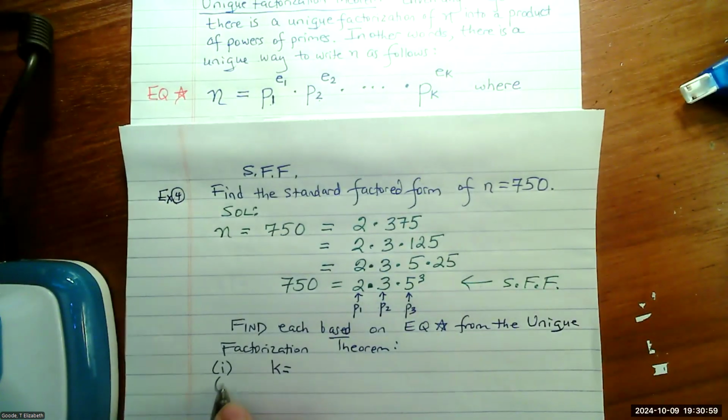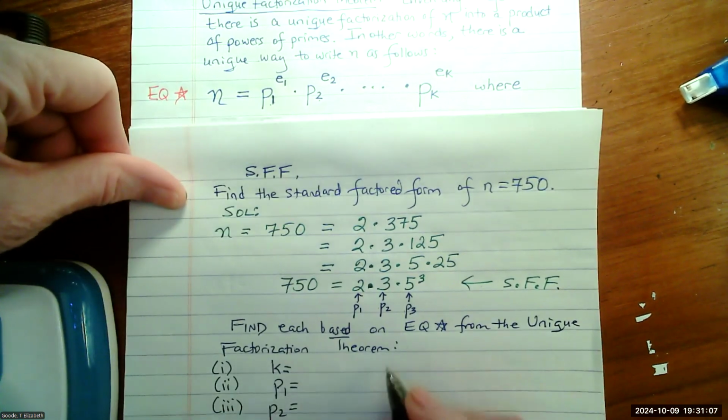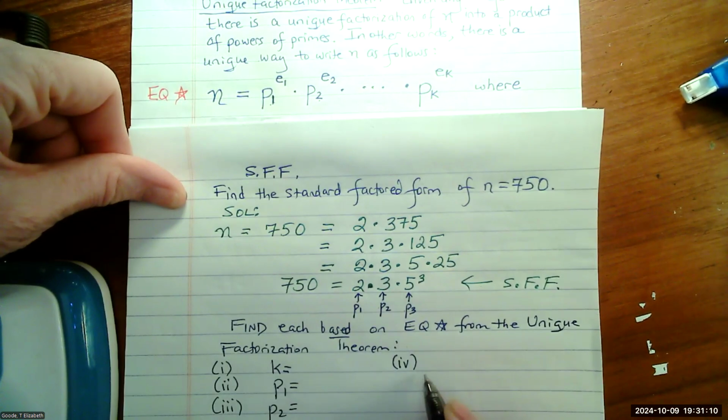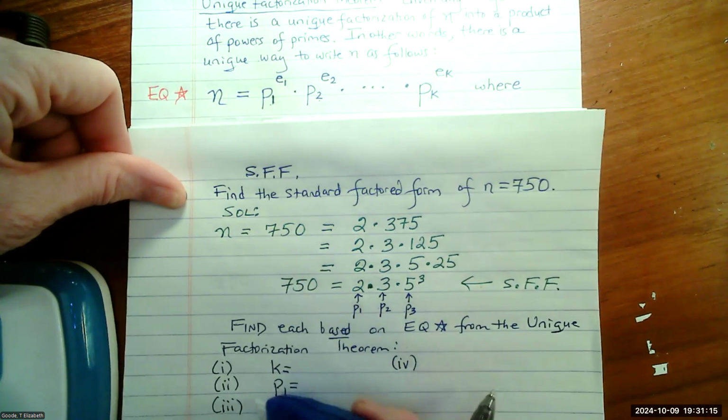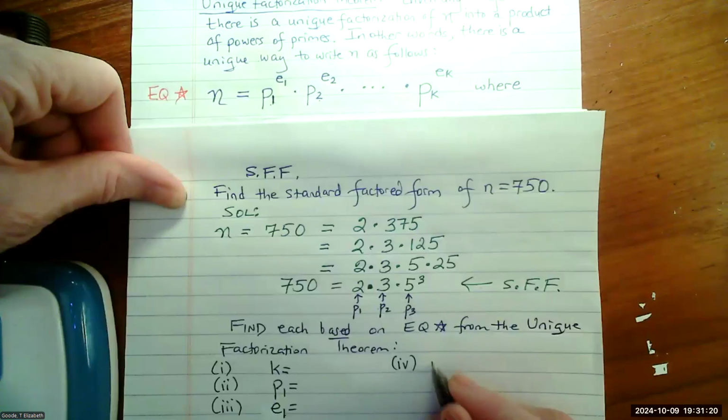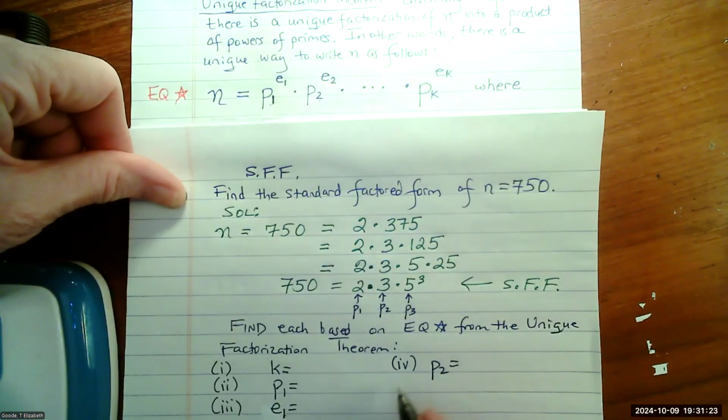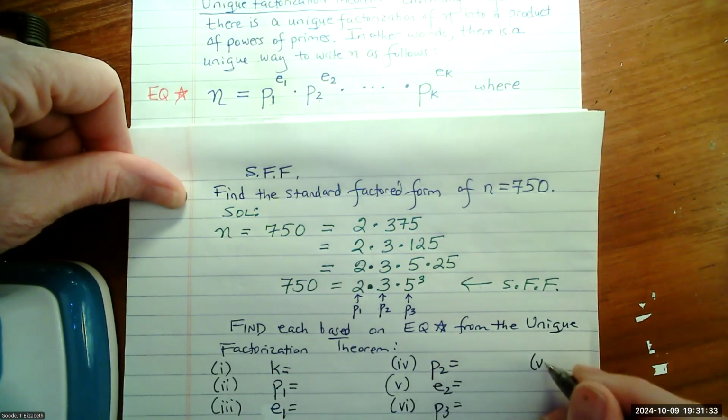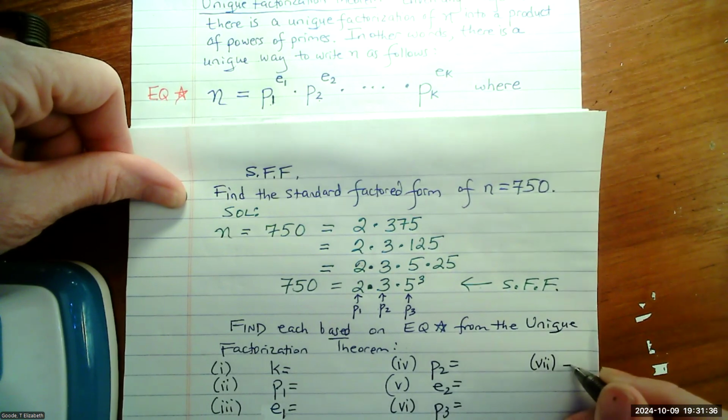So find K, find P sub 1, find P sub 2, oh no, wait. Before you find P sub 2, find E sub 1. Then find P sub 2, and then find E sub 2, and find P sub 3, and then you can find E sub 3.